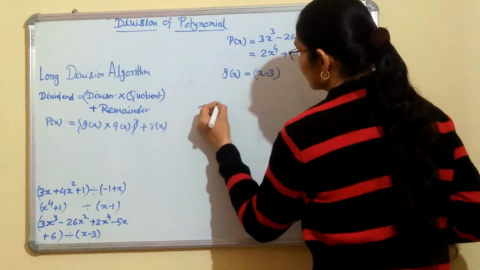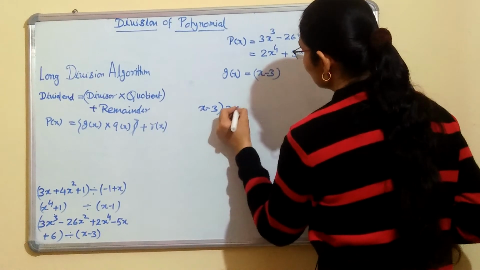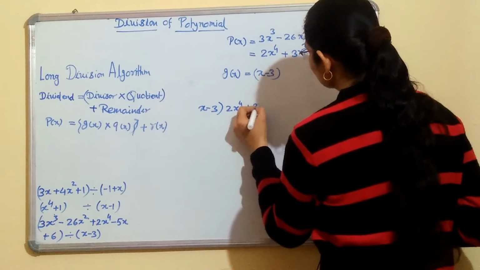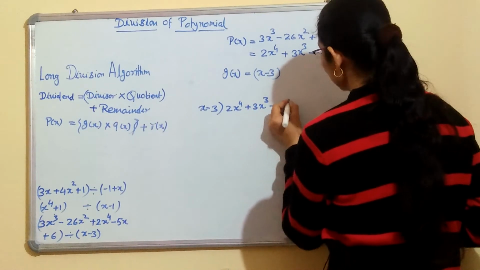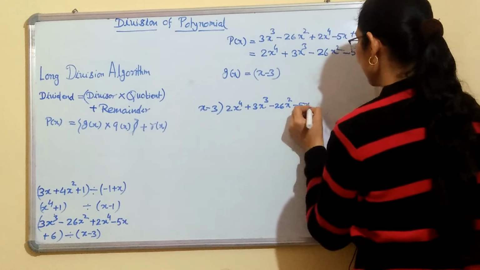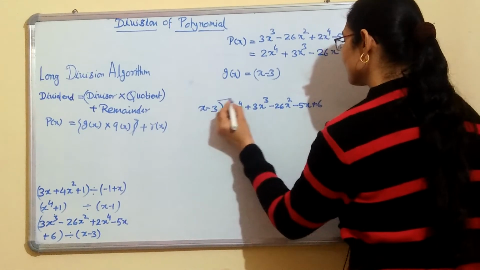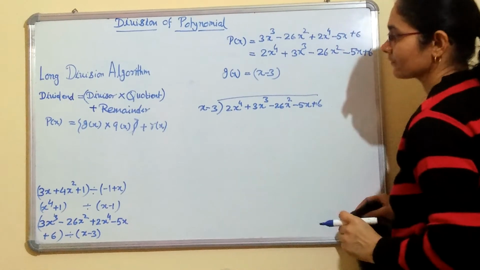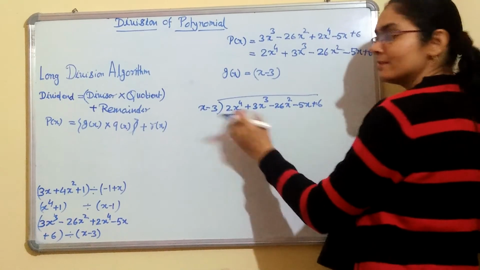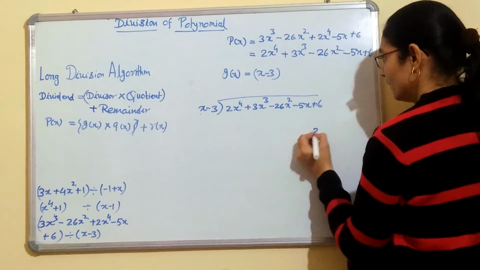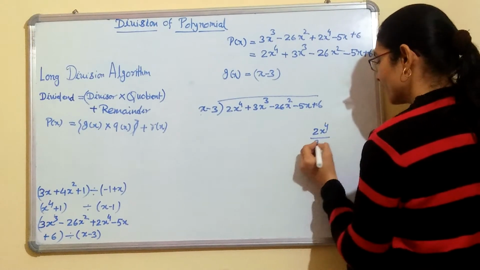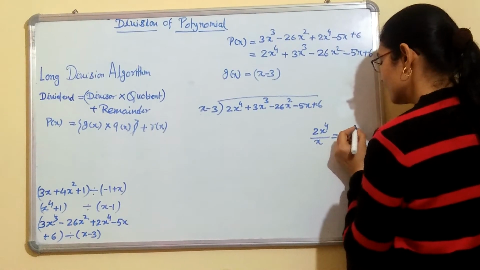x minus 3, 2x to the power 4 plus 3x cube minus 26x square minus 5x plus 6. Now divide first term of the dividend by the first term of the divisor. We get 2x to the power 4 by x is equals to 2x cube.